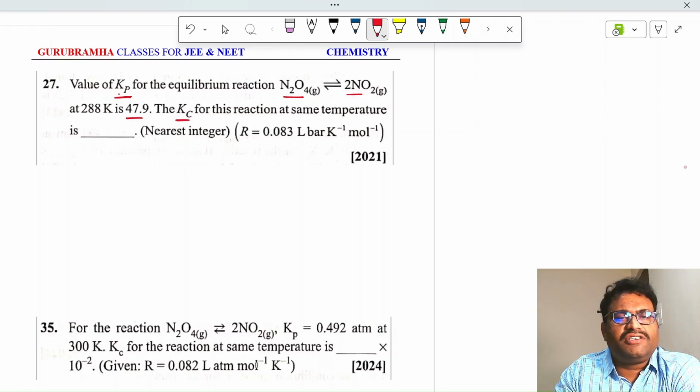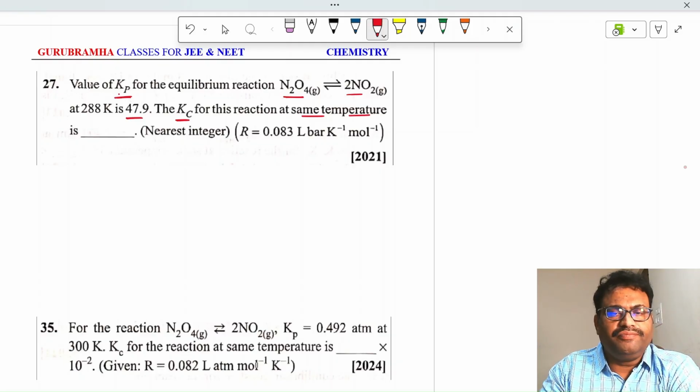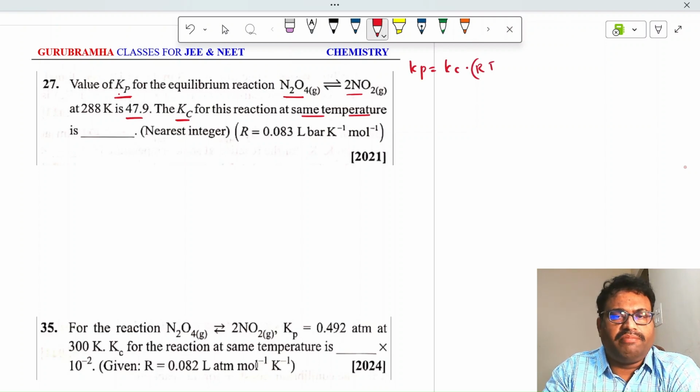Kc is asked for this reaction at the same temperature. You know the formula: Kp is equal to Kc into RT power delta N. What is delta N for the given reaction? 2 minus 1, both are gases, right? So 2 minus 1, that is equal to 1.